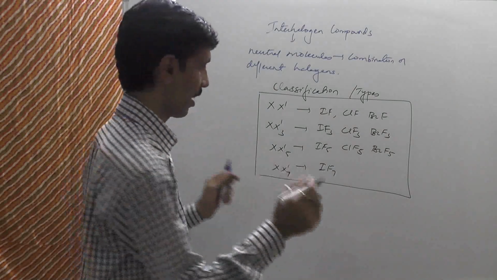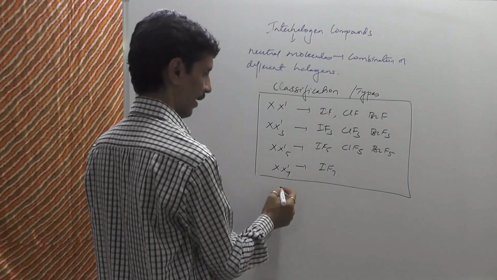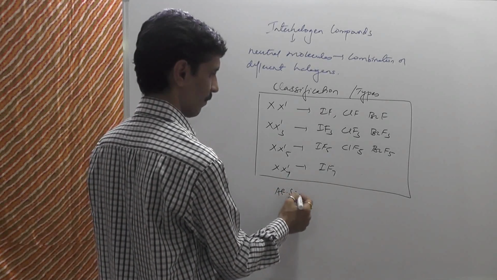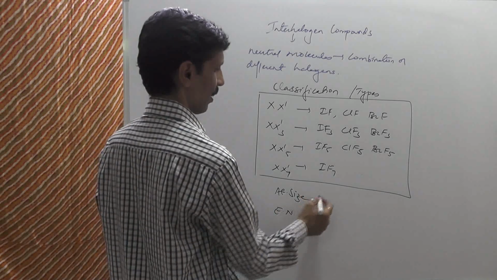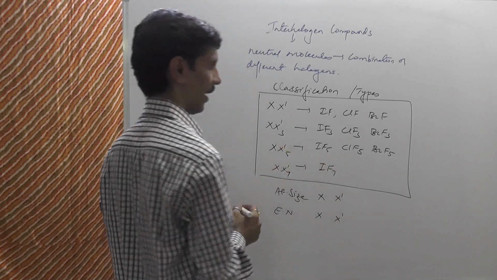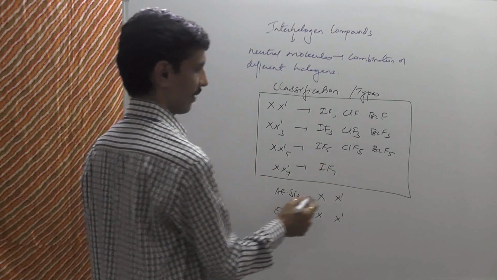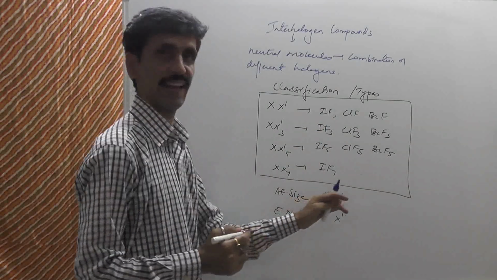interhalogen compounds. Now, when we talk about X and X dash, what we have to say is with respect to atomic size and with respect to electronegativity. So X, X dash. With respect to atomic size, we say X is greater than X dash.